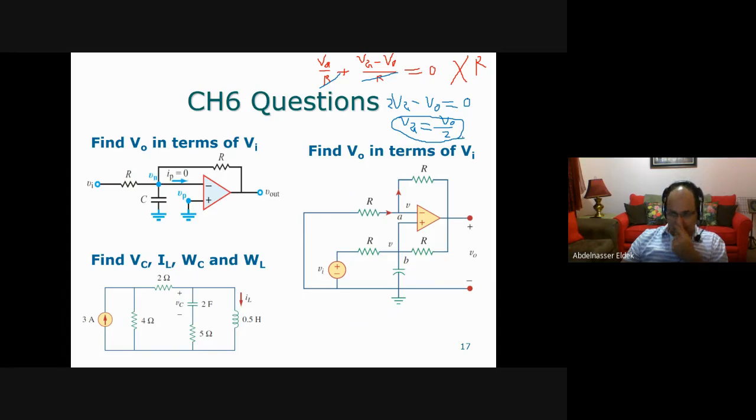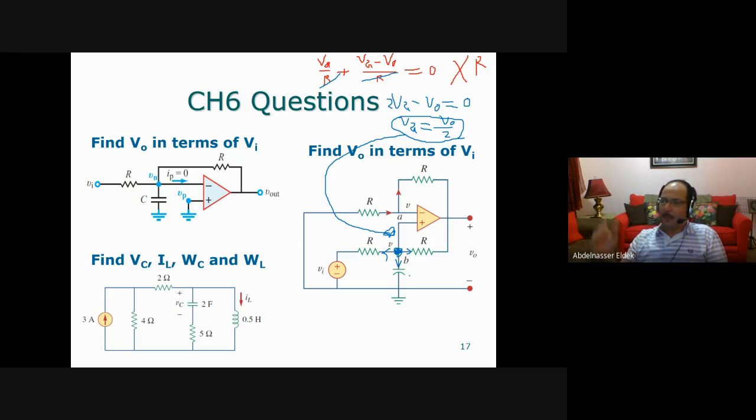Now this is VA. So this VA will be used here as this point. Why? Because this point is the same as A. They both have the same voltage. So now you need to apply nodal analysis at the other node, which is B. You have 3 currents.